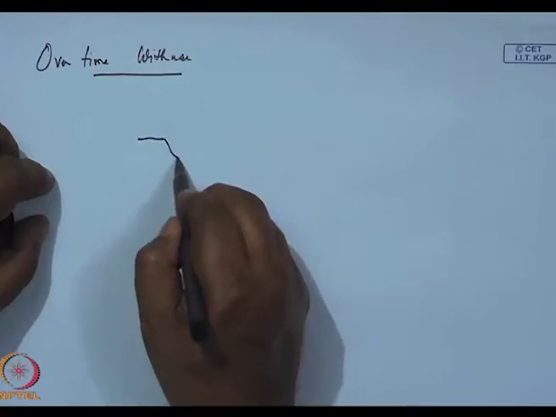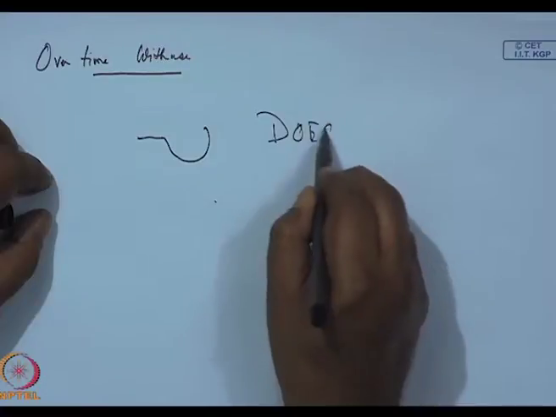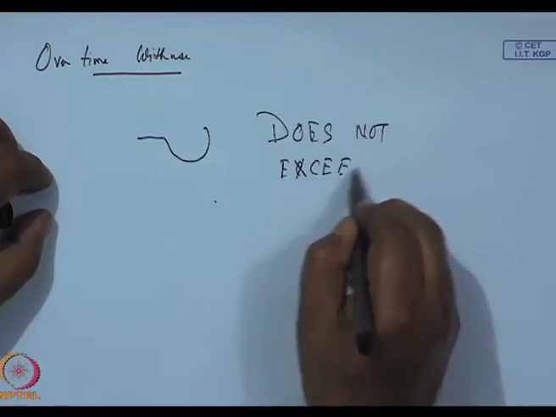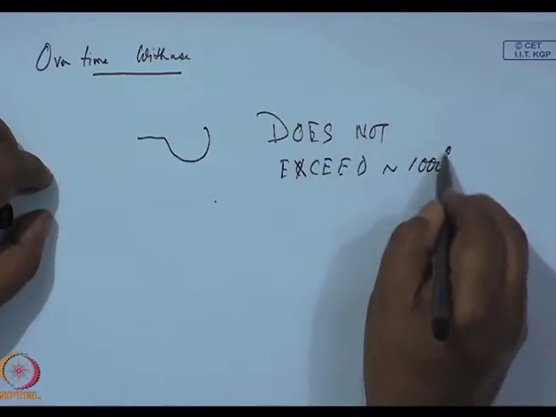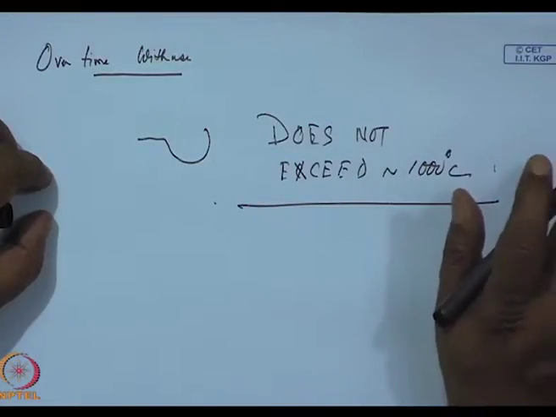So, in a cutting tool system where I am using zirconia as a cutting tool, I will also have to use coolants to ensure that the temperature at the tip of the cutting tool does not exceed about 1000 degrees centigrade, because above it the tetragonal phase is completely stable and there is no question of tetragonal to monoclinic transformation.